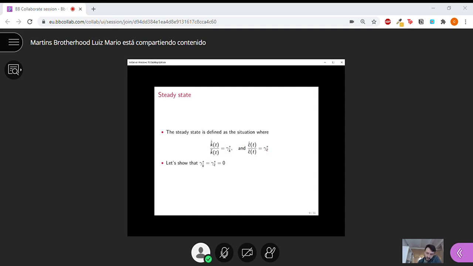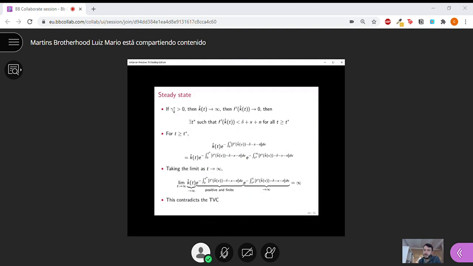And then we are going to show that if we have a situation in which variables grow by a fixed proportion in this economic system, then they must be constant. Growing by a zero rate is a constant growth. So in the steady state of this economic system, the variables in hat are fixed.